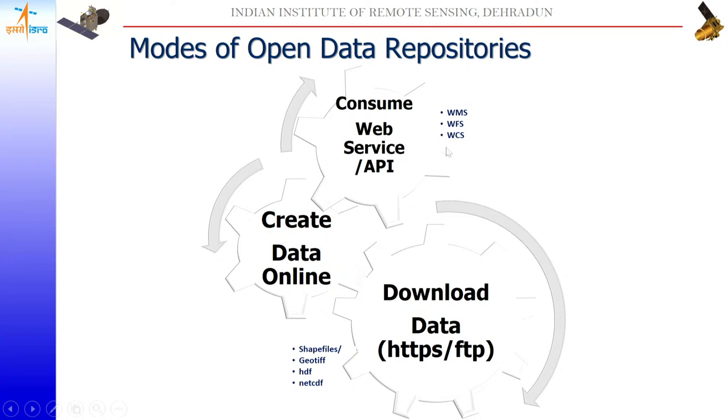This web feature service is basically for the vector data, whereas WCS, web coverage services, are basically for the raster data as a service for you. So both are there. You can directly link the shapefile with WFS, whereas the GeoTIFF file with WCS. Here you are downloading the data, here you are accessing the data from a remote data repository, and you can also create your online data sets as well.